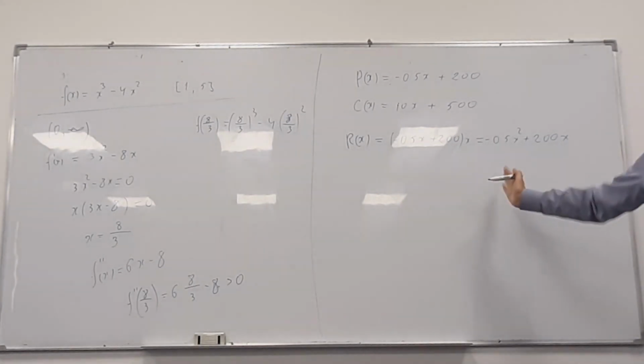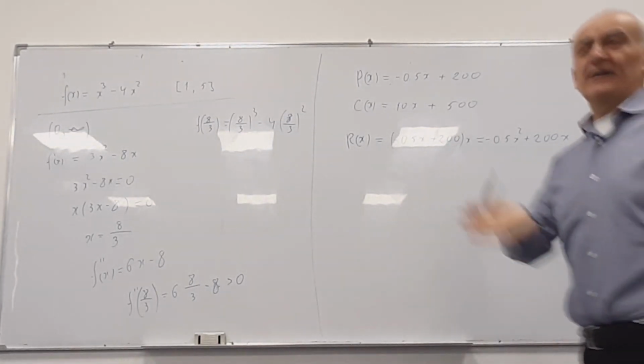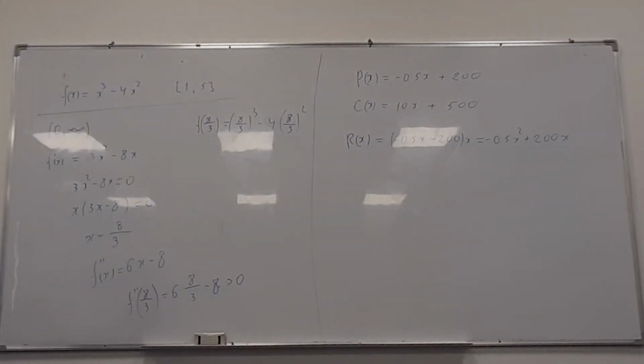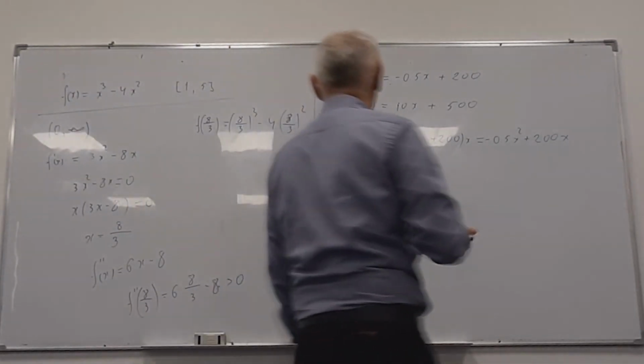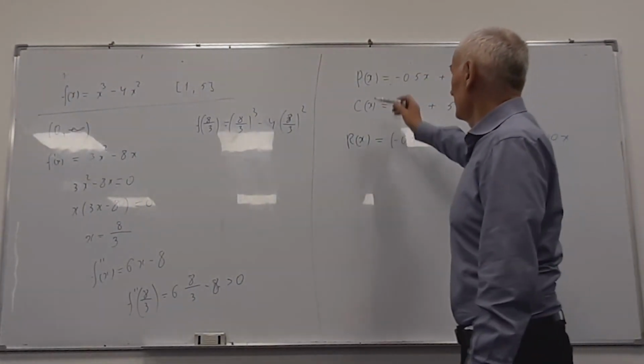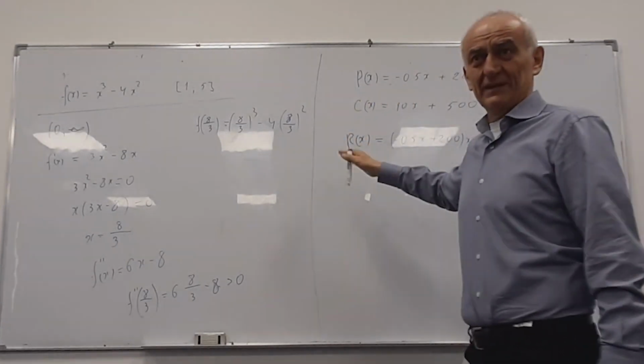So we know revenue function, and how to find now profit function. Profit function is denoted also by P, but we can use uppercase and lowercase p.